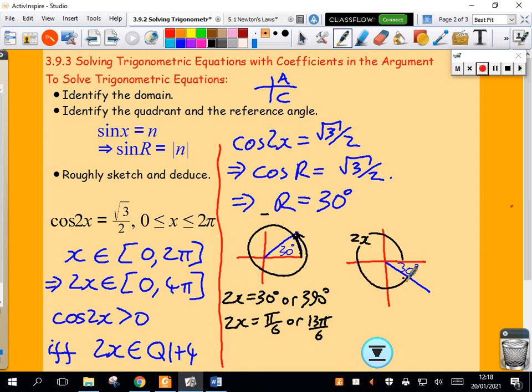Okay, in this one going around here, remember what we'll find here is 2x, not x just yet. The first time we'll hit that angle in the first circle we're going around is 30 degrees short of 360, which would be 330 degrees. Or going around through another full circle, that's 30 degrees short of 720, or 690 degrees.